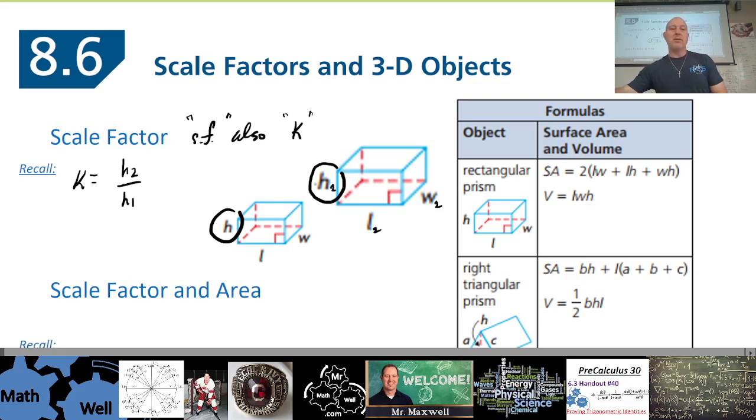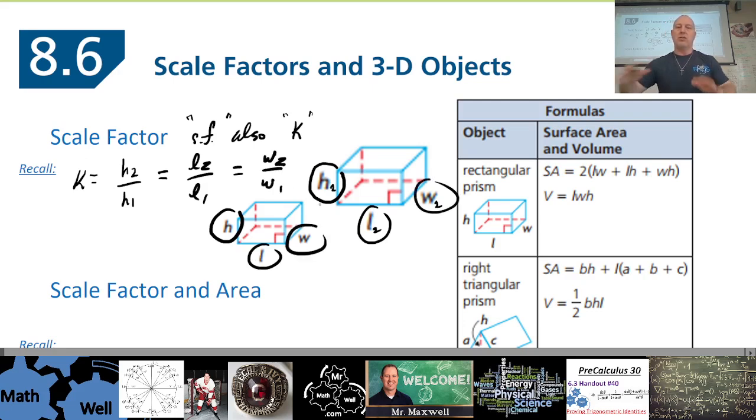And if they are similar, that means they're the same shape. So L2 over L1 is also the same ratio, the scale factor, as well as W2 over W1. That's what scale factor is. For objects, all of the corresponding dimensions have to have the same ratio.